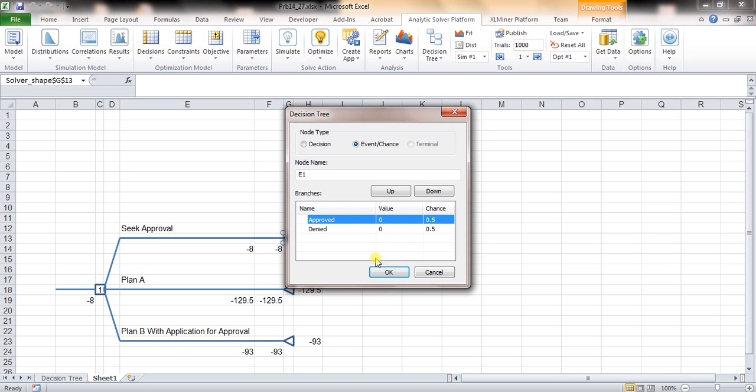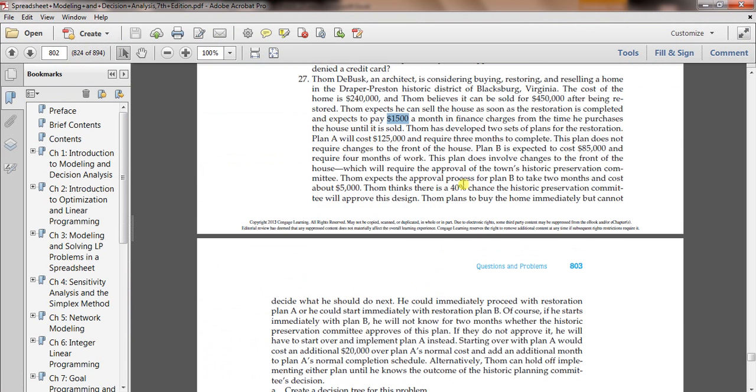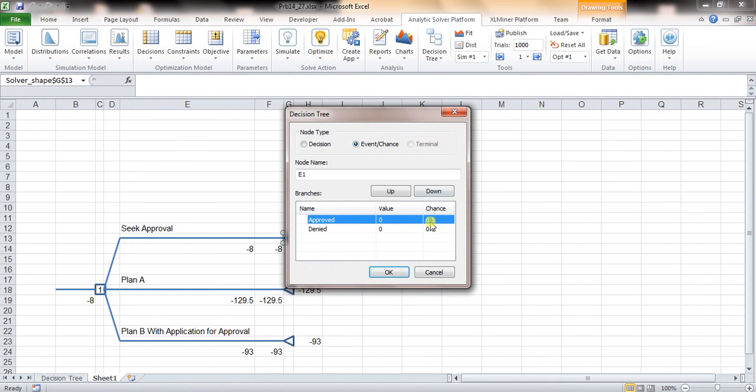So the likeliness of getting approved is 40%, and the probability that it will be denied is 60%. Now, because we already added the cost of approval in this phase, we can leave this blank.